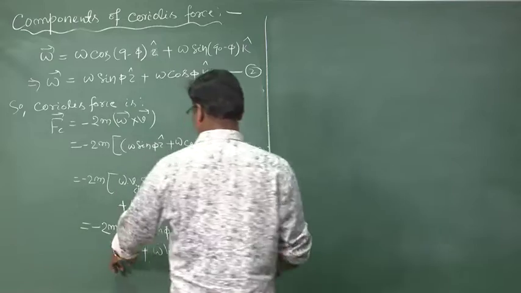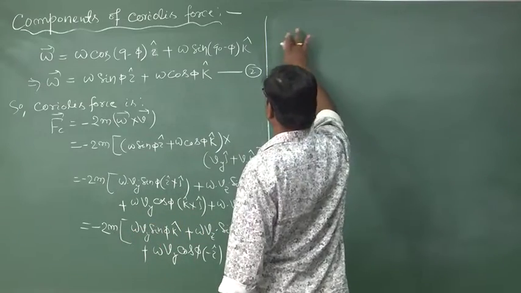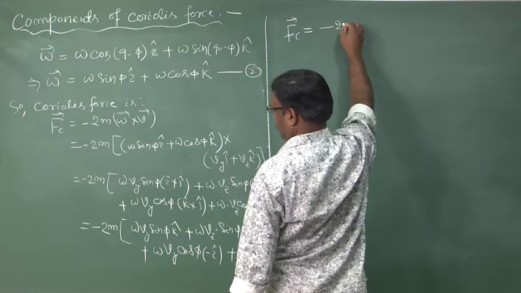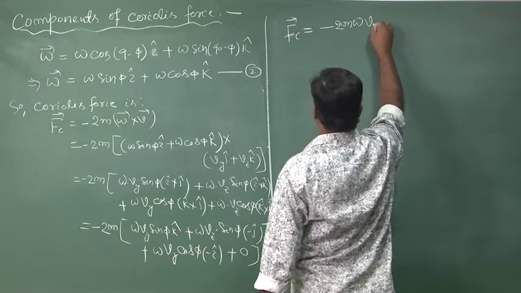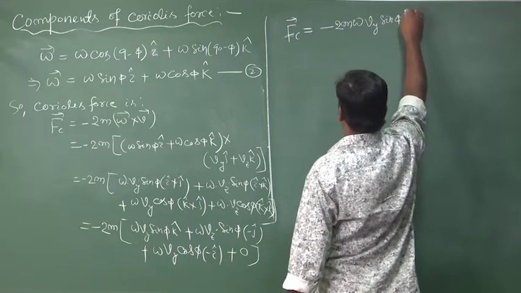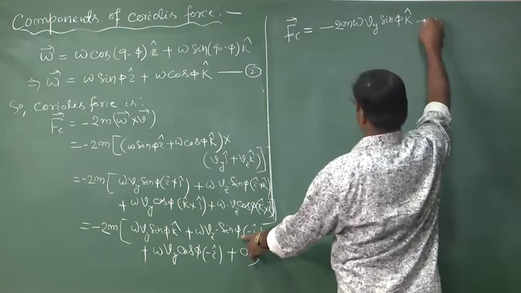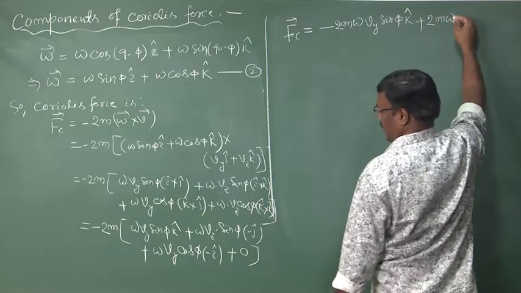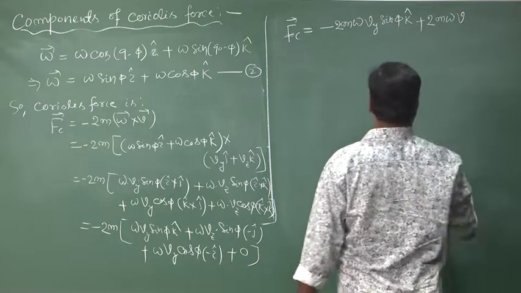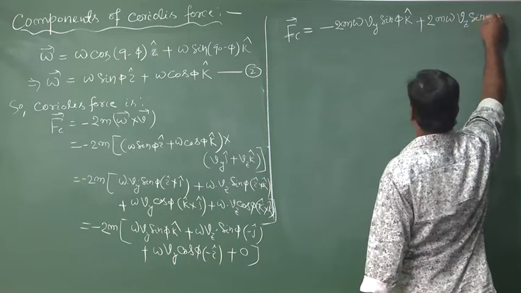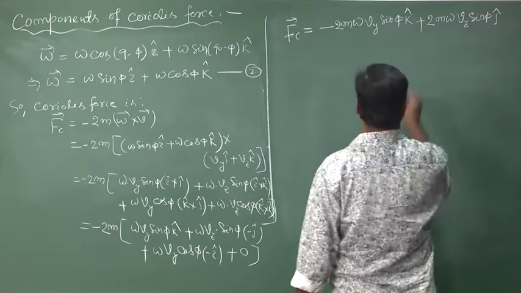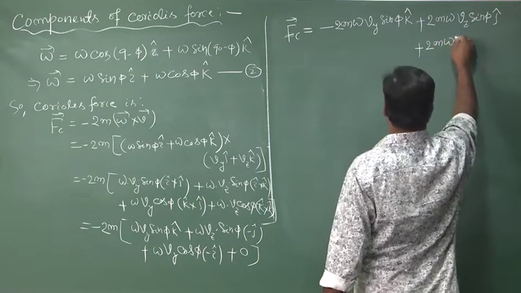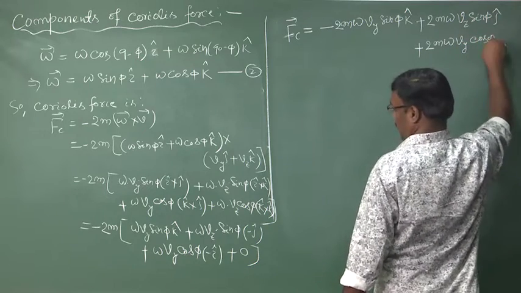Now, rewriting these terms, we can write Coriolis force Fc is equal to minus 2m omega Vy sin phi k cap plus 2m omega Vz sin phi j cap plus 2m omega Vy cos phi i cap.